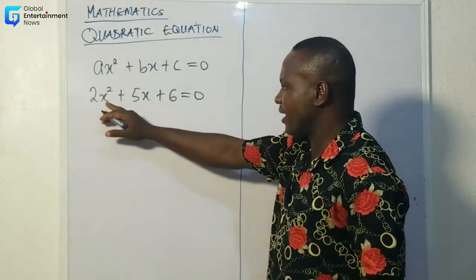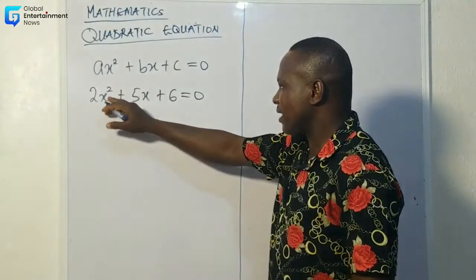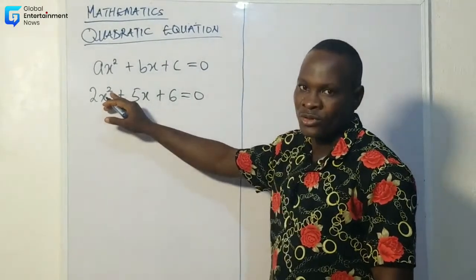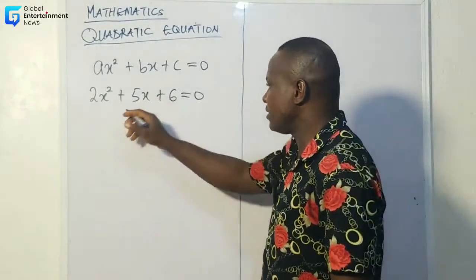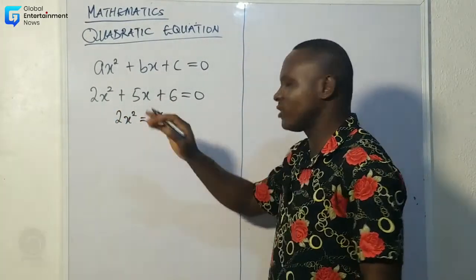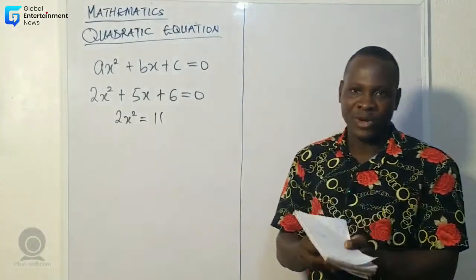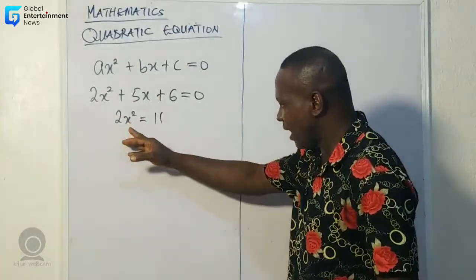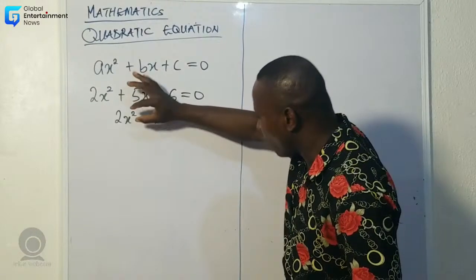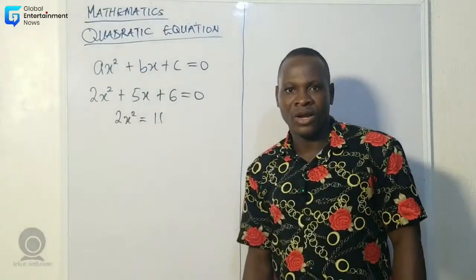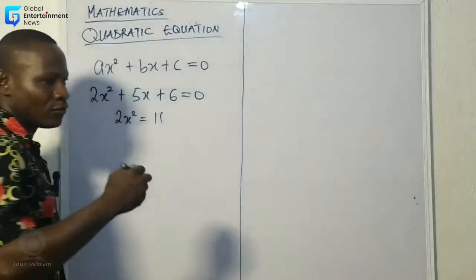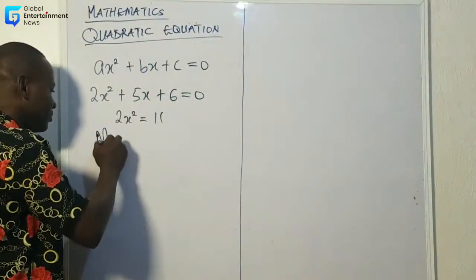The highest index of the variable here is 2, so you can see it's not more than 2. I can also have something like this: x squared equal to 11. This is also a quadratic equation, because the highest power here is 2.